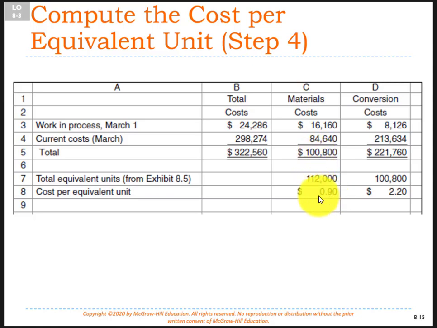And we get 90 cents per equivalent unit for materials and $2.20 for conversion cost per equivalent unit. So we've converted all the units, everything we worked on, into equivalent units so that we can add them together, treat them like they're the same, and calculate how much cost it takes to get that much work done.